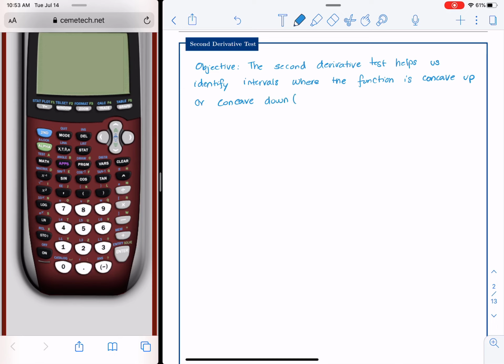We can use shorthand notation, concave down, concave up. Or neither.